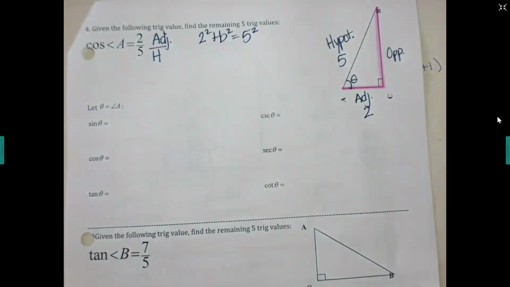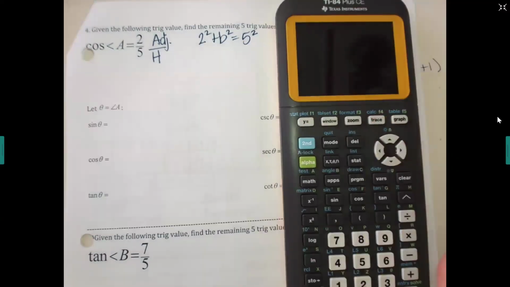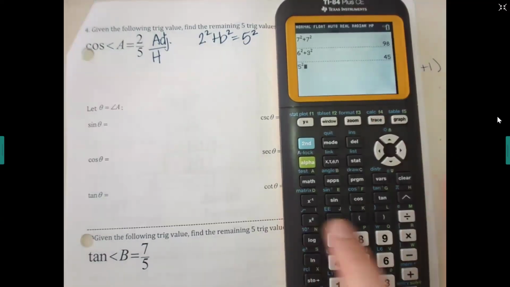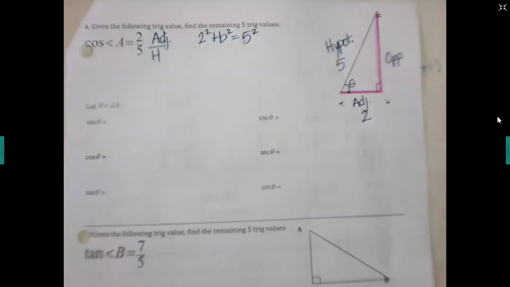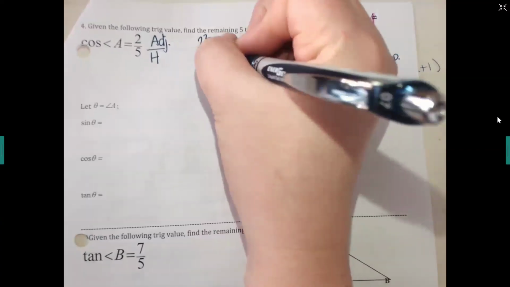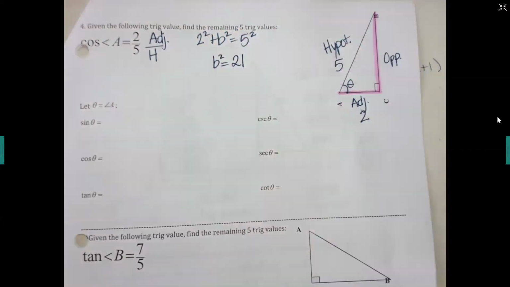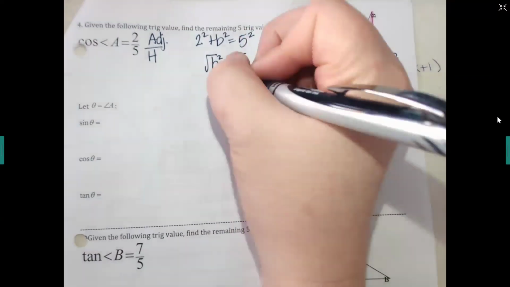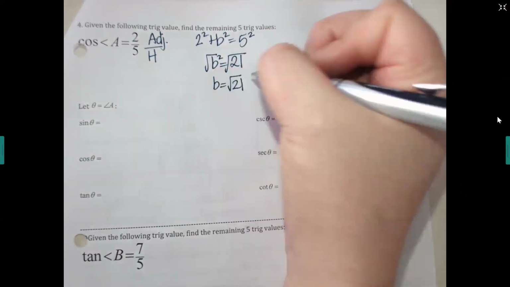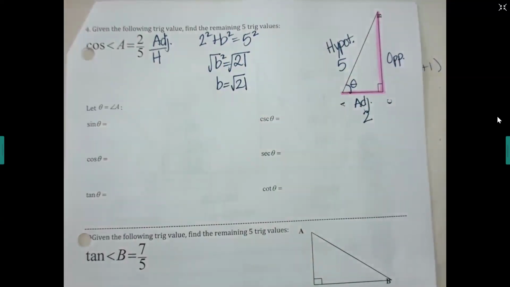So will I add the 2 squared and the 5 squared in my calculator, or will I subtract it? Okay, so I'll do 5 squared minus 2 squared. 5 squared take away 2 squared is going to be 21. And then I take the square root of that. And then check my list to see, can 21 divide by anything?